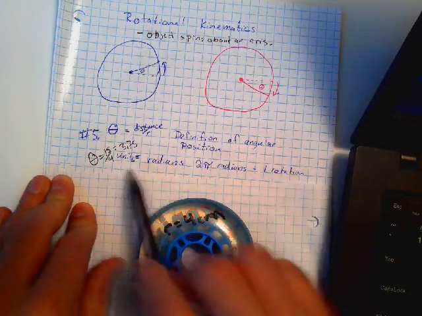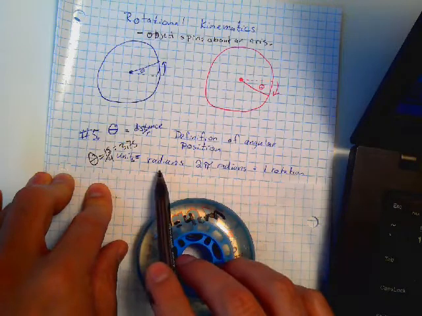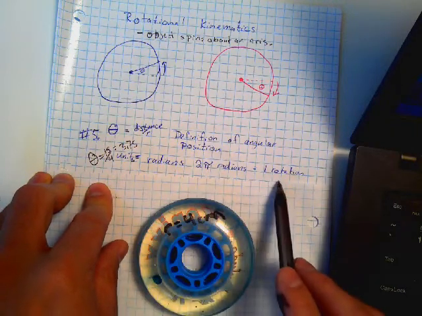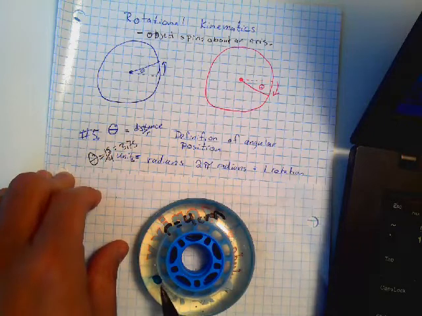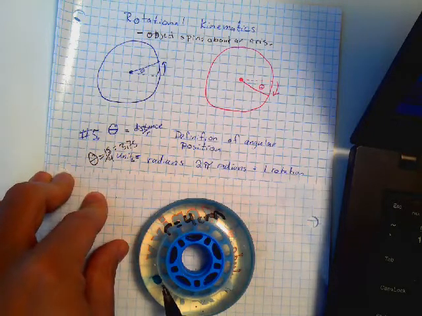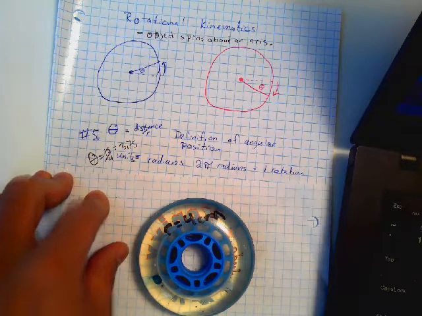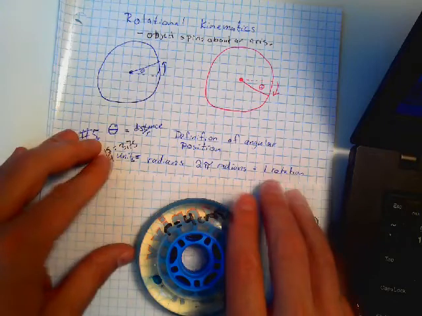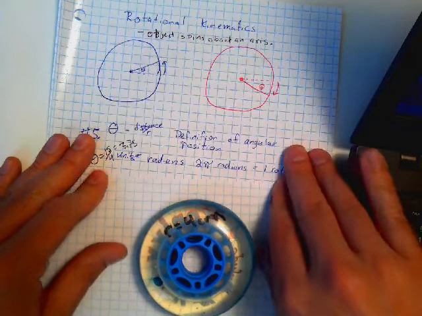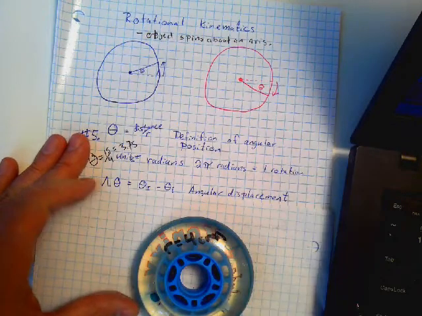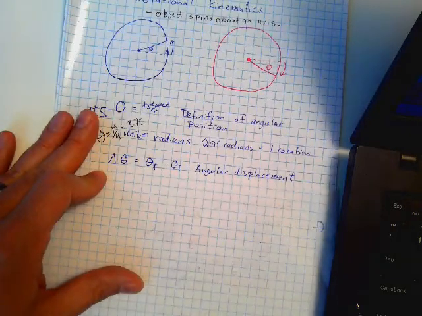So the units for angular position are radians. 2 pi radians equals 1 rotation. We're a little bit over 1 pi here. We've rotated a little bit more than halfway around this circle. So everything's going great. Now, if we're talking about a position, a change in position would be a displacement, right? And that's where we get our angular displacement formula. Ooh, but angular displacement didn't make the top 5.